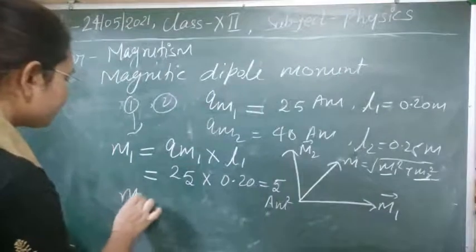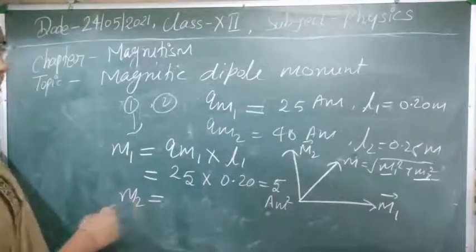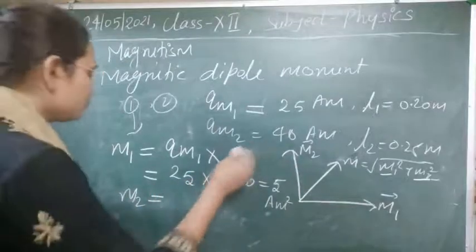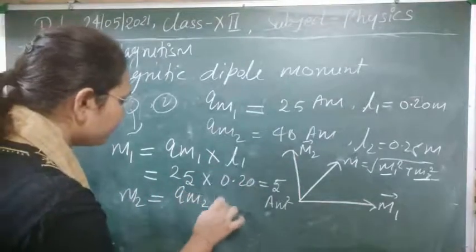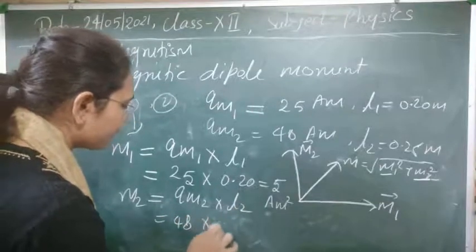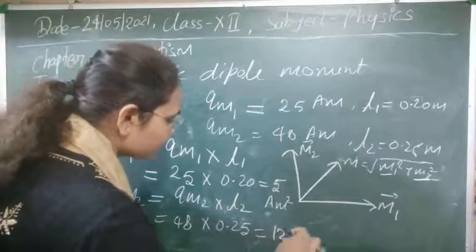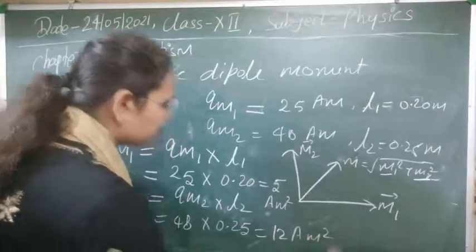Next, the magnetic moment of the second one, m2, will be equal to qm2 into L2. As qm2 is equal to 48 and L2 is 0.25 meter, if you solve it, this is 12 ampere meter square.